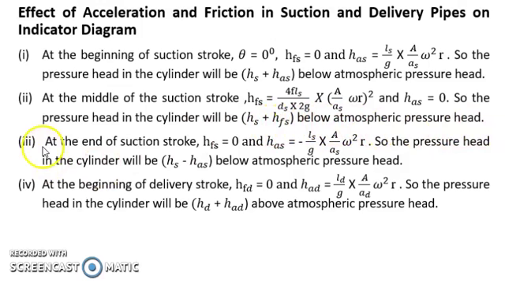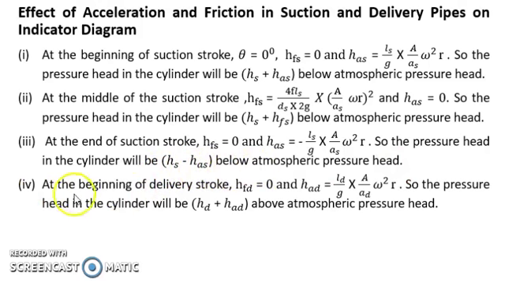We know at the end of suction stroke HFS is equal to 0 and HAS is equal to minus LS upon g multiplied by A upon AS omega square R. So the pressure head in the cylinder will be HS minus HAS below atmospheric pressure head.